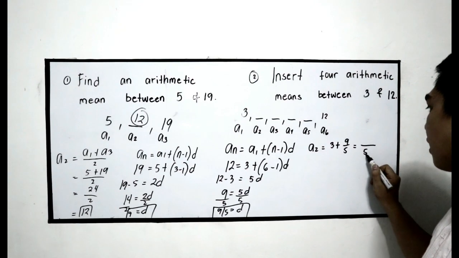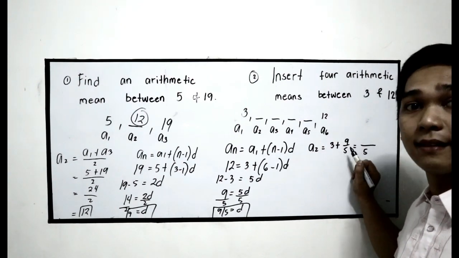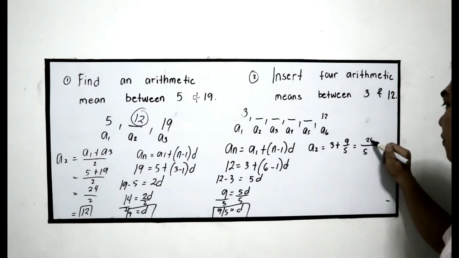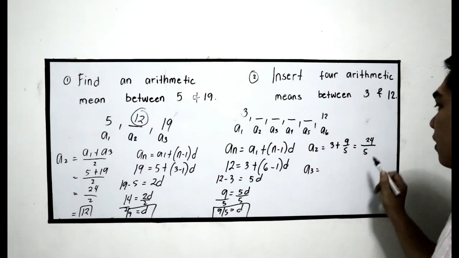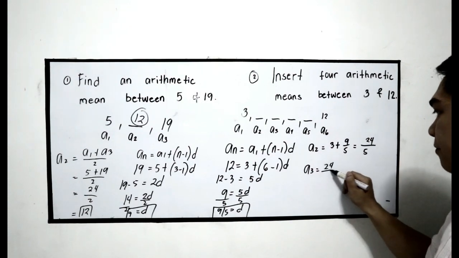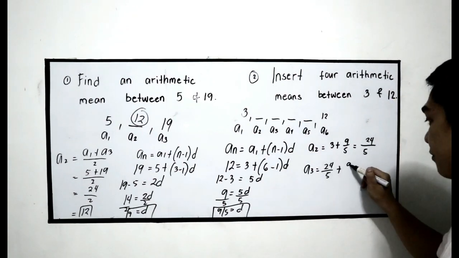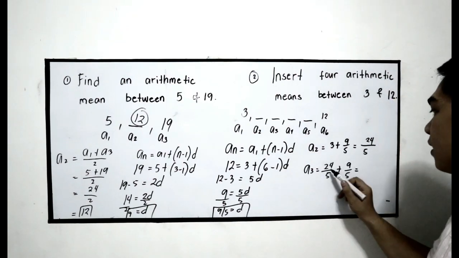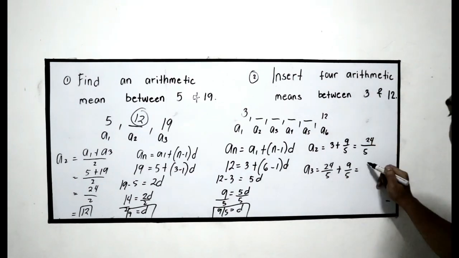Find the LCD. 3 times 5, 15, plus 9, 24. So, 24 over 5. A3, 24 over 5 plus the common difference, 9 over 5. 24 plus 9, 33 over 5.